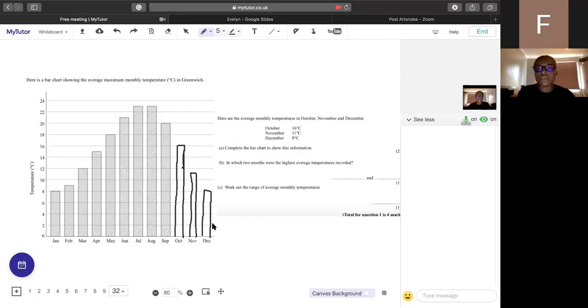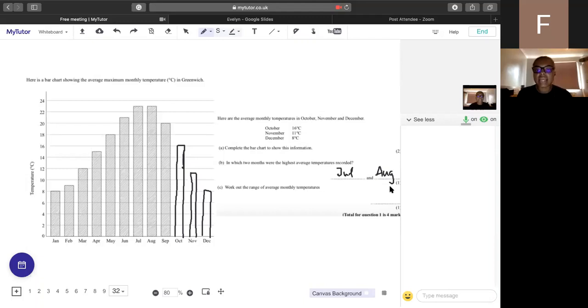So in which 2 months were the highest average temperatures recorded? So what you do is you go to the highest temperatures, which would be the bars which are the tallest, and that would be at July and August. So you can write the months fully, or you can just write them in the same way how they're written on the graph. That's absolutely fine as well.